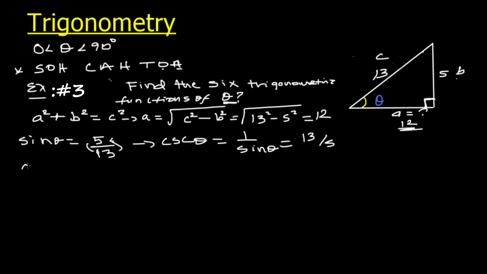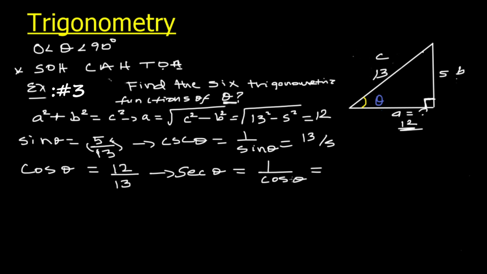Then cosine theta equals the adjacent side, which we calculated as 12, divided by the hypotenuse, 13. Cosine of an angle is related to secant. Secant theta equals the reciprocal, 1 over cosine theta, so the hypotenuse goes up. We have 13 divided by the adjacent, which is 12.